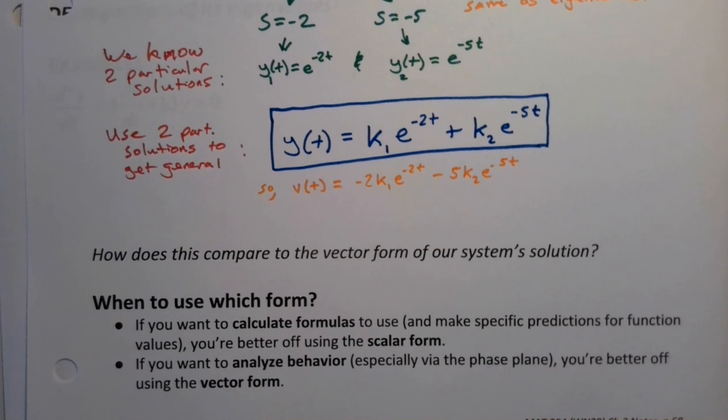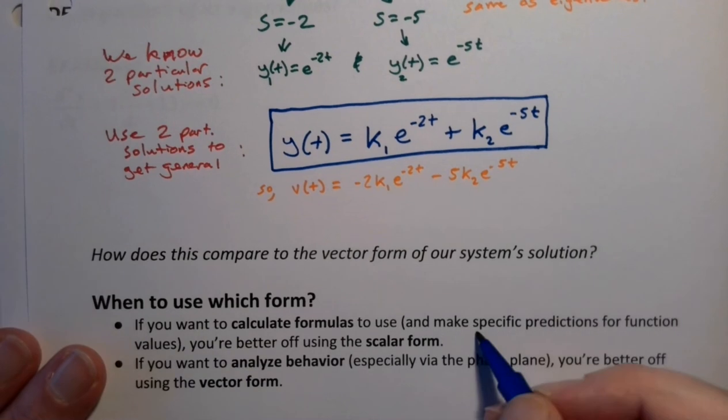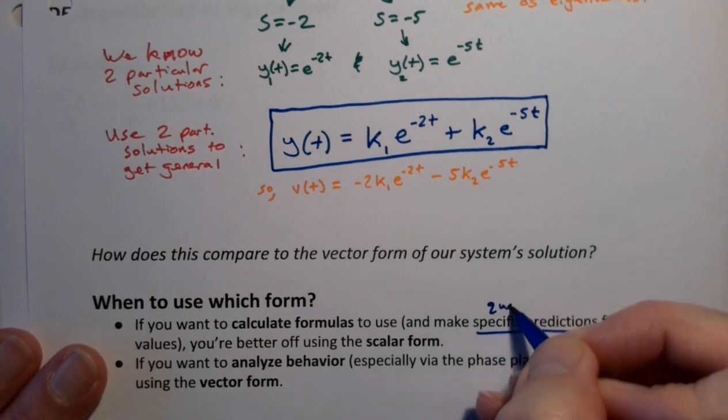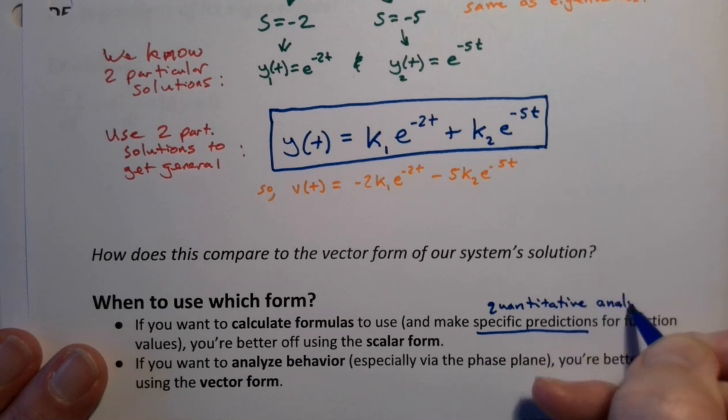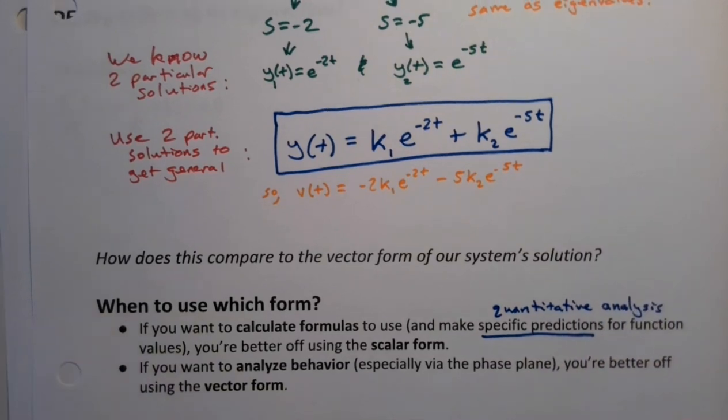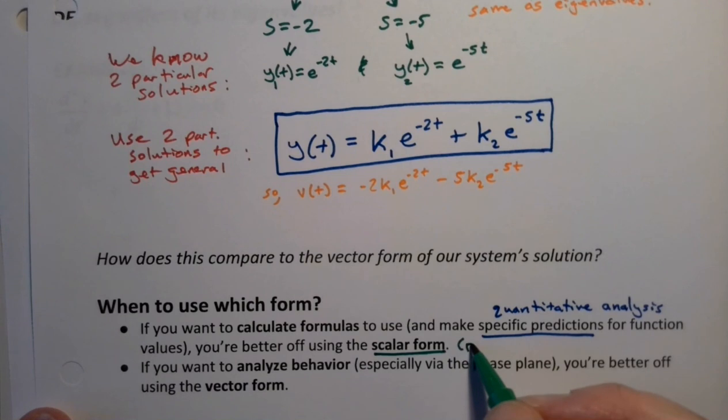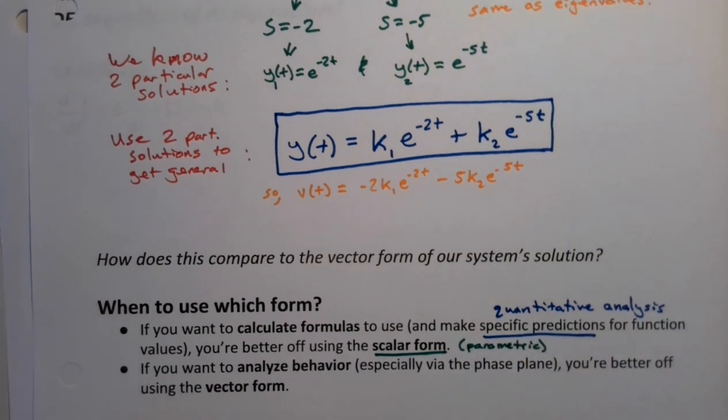If you want to calculate formulas to use, like making specific predictions about position or velocity, that means we're doing quantitative analysis. If you're doing quantitative analysis, you're going to use the scalar form, right? And remember, the scalar form, that's what we had called in the past the parametric form, because it gives you the y of t and the v of t in this case, right?